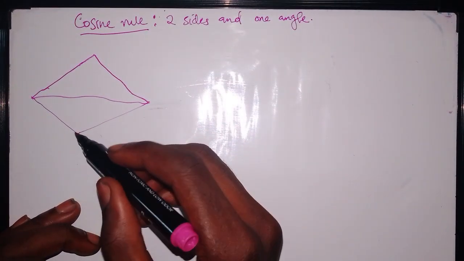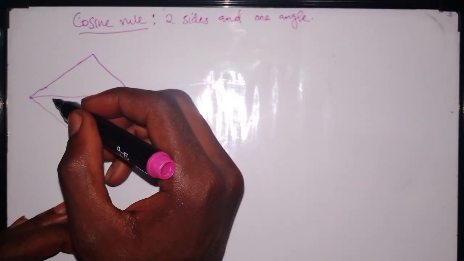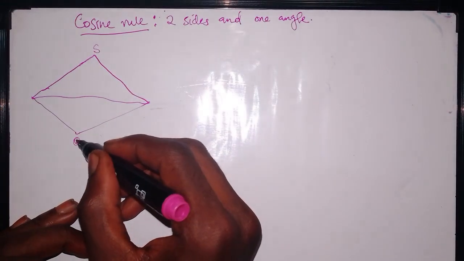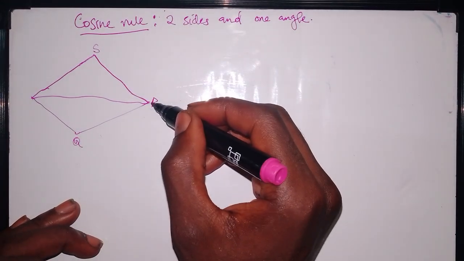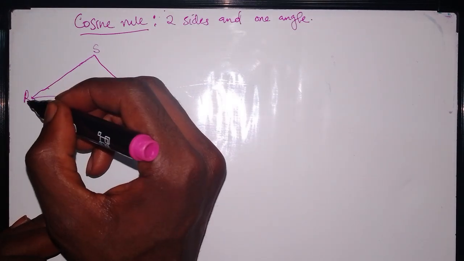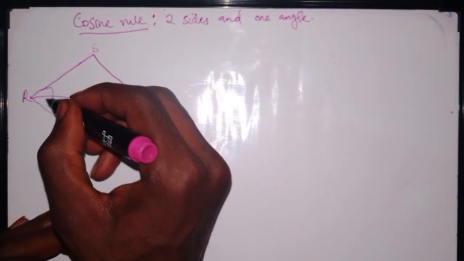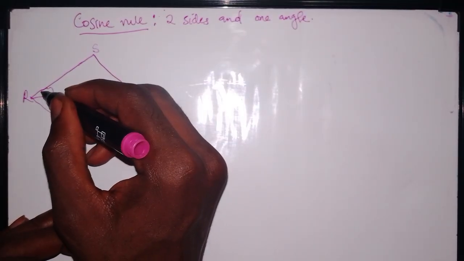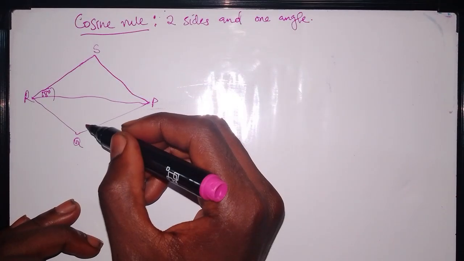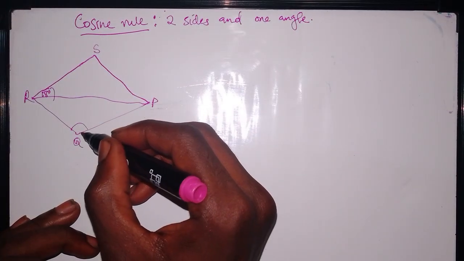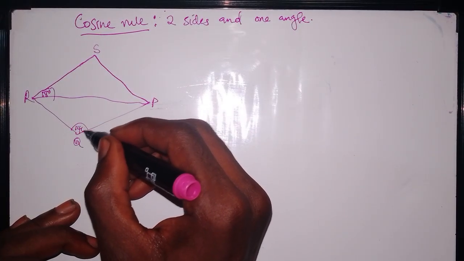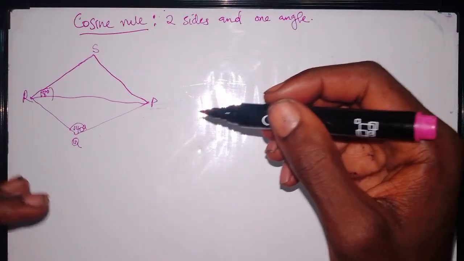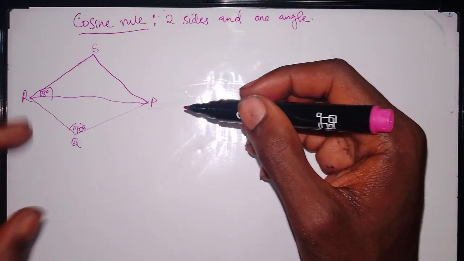So the triangle looks like this. We have S, Q, P, and R. Then here we have 18 degrees. Then here we have 140 degrees as our angles.